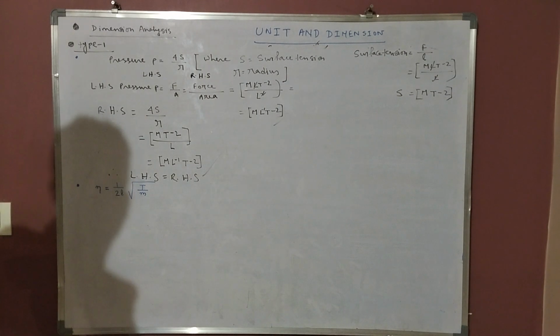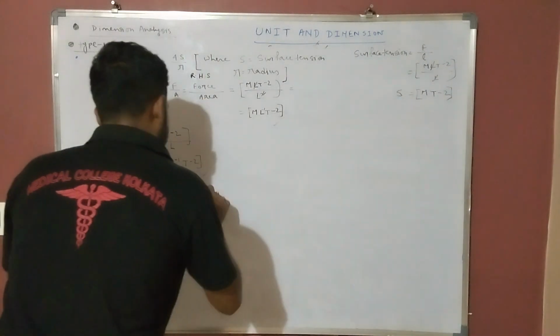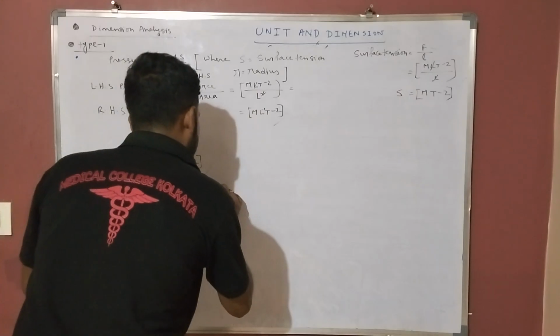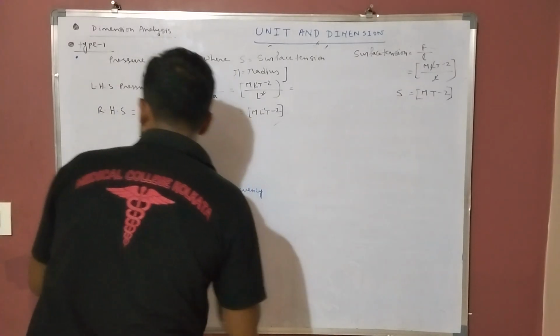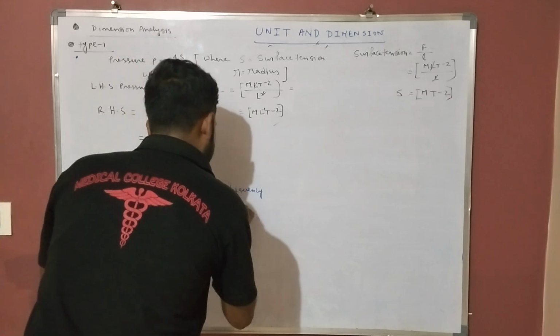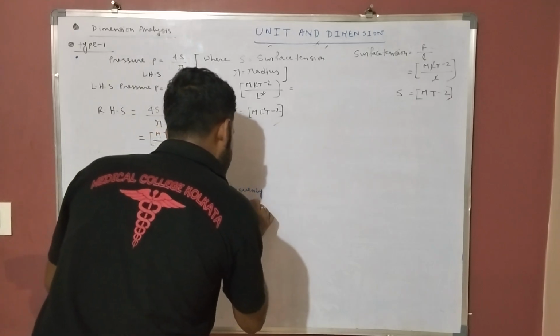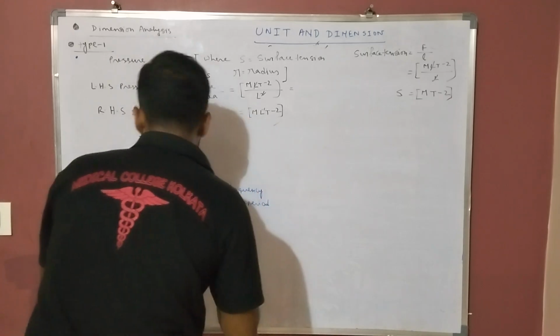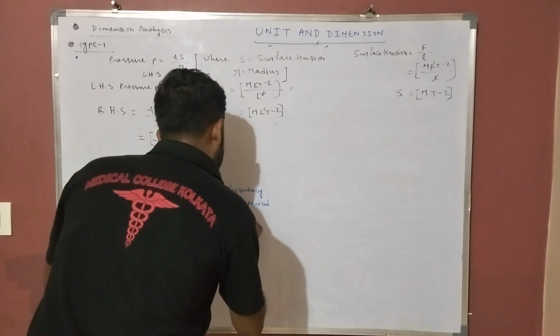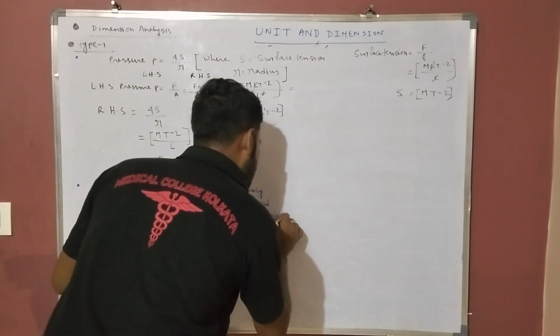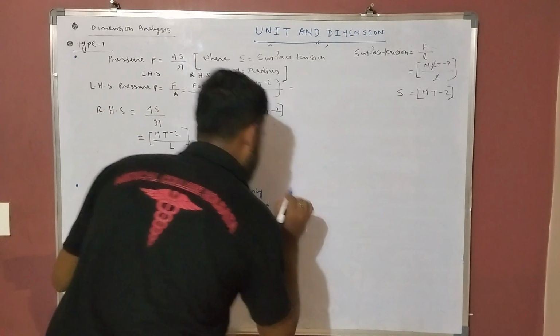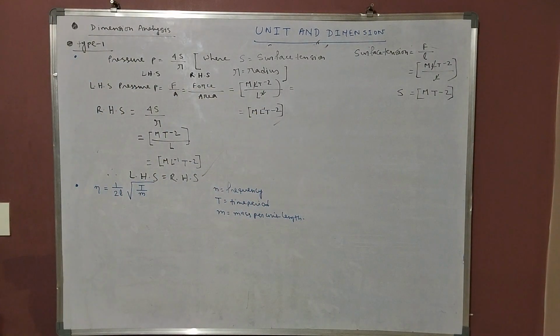You have to check here, N is equal to frequency, T is equal to time period, and M is equal to mass per unit length. So you have to check whether the equation is right or wrong by dimension analysis.